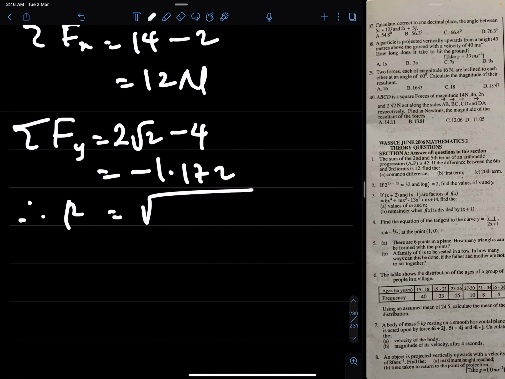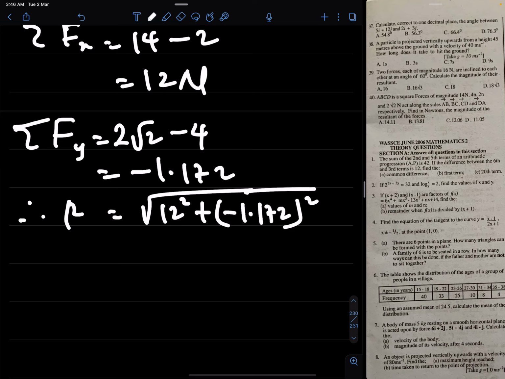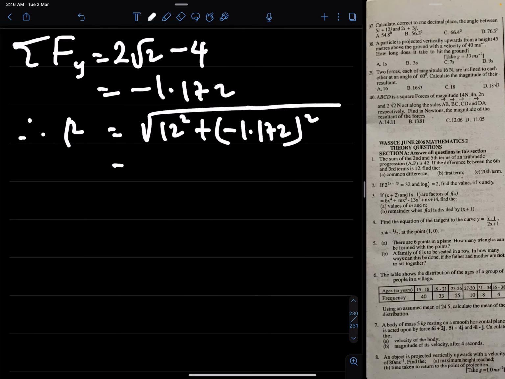So therefore r equals the square root of summation fx squared, which is 12 squared, plus summation fy squared, which is minus 1.172 squared. 12 squared is 144, so that's the square root of 145.374 approximately.